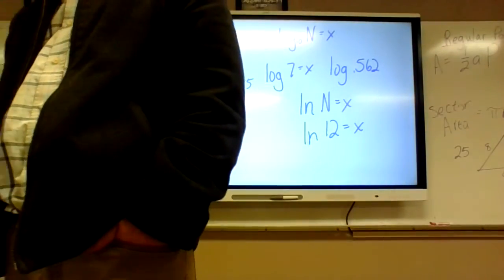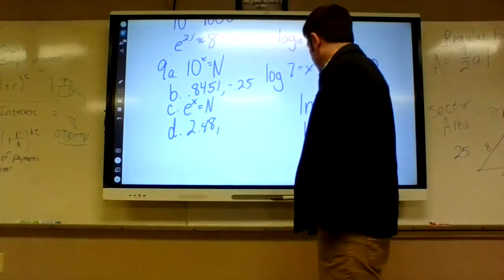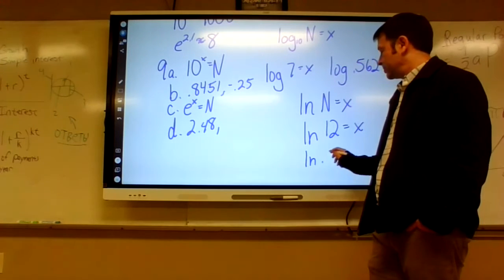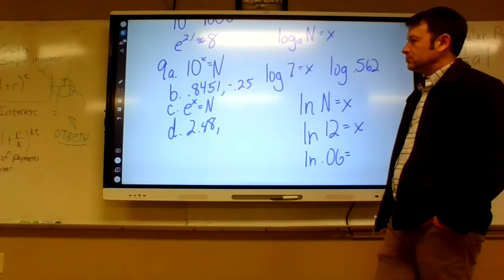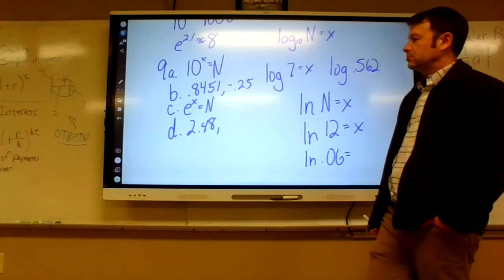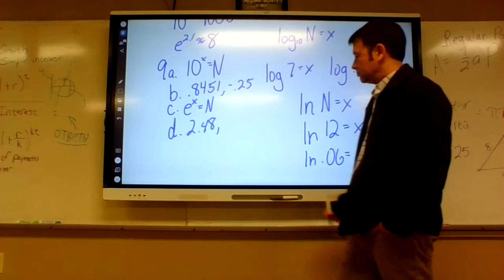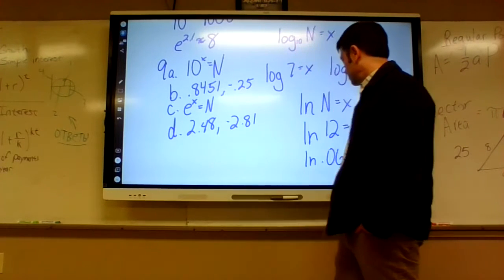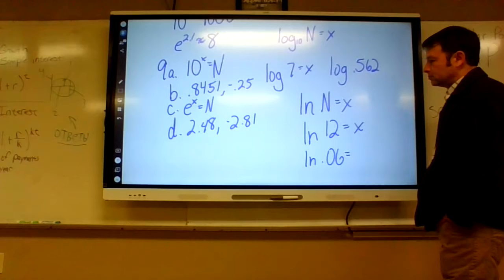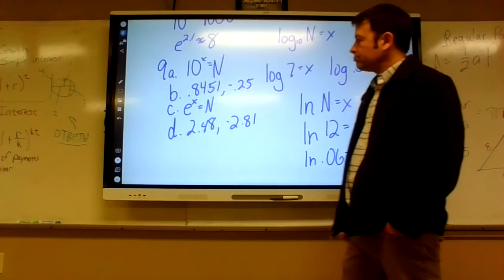And then e to the x equals 0.06, so that would be natural log of 0.06. I bet it's gonna be less than 2.48. Negative 2.81.